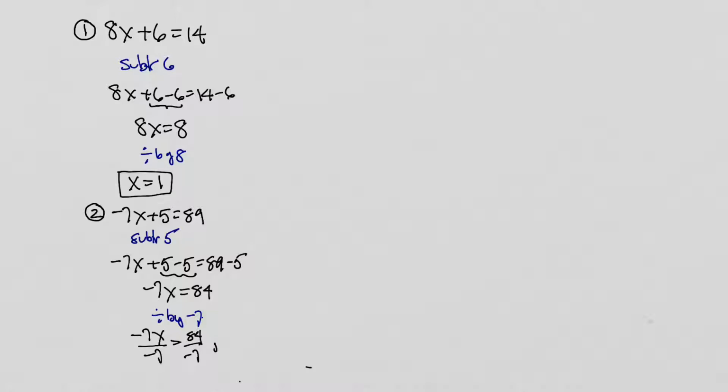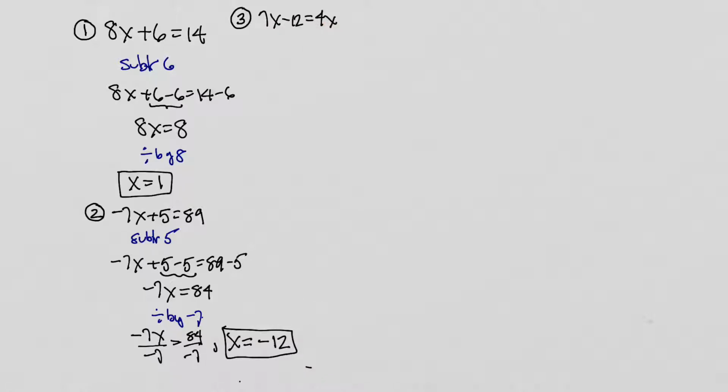And over here, -7 divided by -7 is a 1, so that just gives us x equals, and now positive divided by negative is negative, 7 into 84. Well, 7 will go into 8 one time with remainder 1, and then bring down the 4, that's 14. 7 will go into 14 two times, so there we go. X is -12.